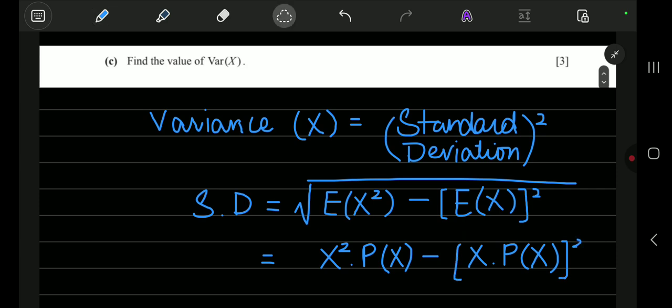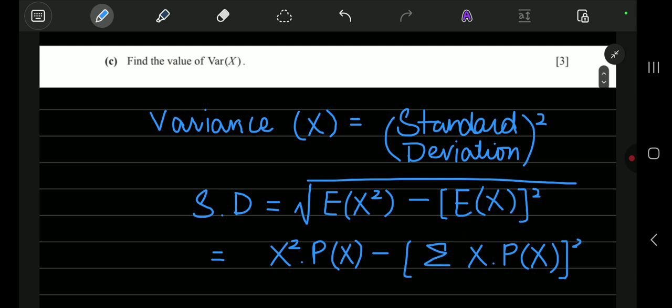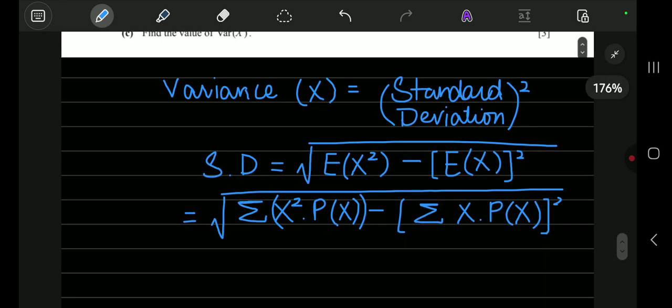Okay, but we do always write it in terms of summation, under the root. So for this reason we need the E of x column and the E of x square column in the table, so we can easily solve it out.